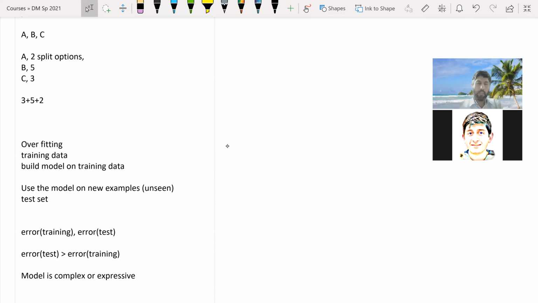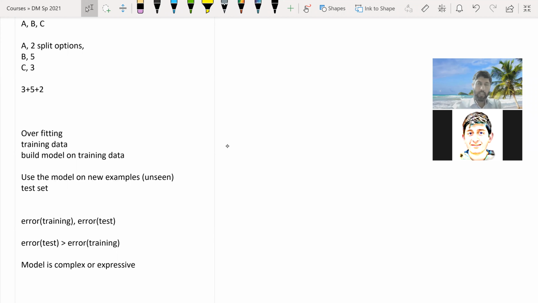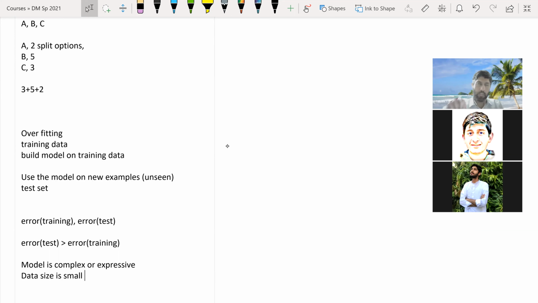Then it can model more complex data sets. And the second thing, which complements the model complexity, is that the data size is small. If the training data that is used to build a model is relatively small, then you're likely going to overfit. If your model is expressive, meaning the model is complex, you are likely to overfit. So these are the two main practical ways of reasoning about when overfitting may occur.